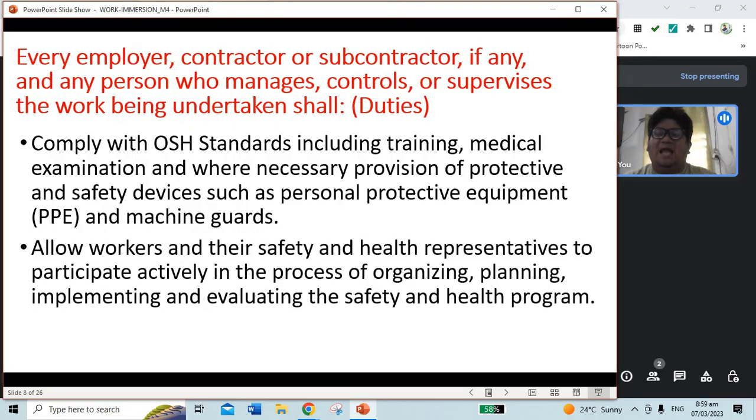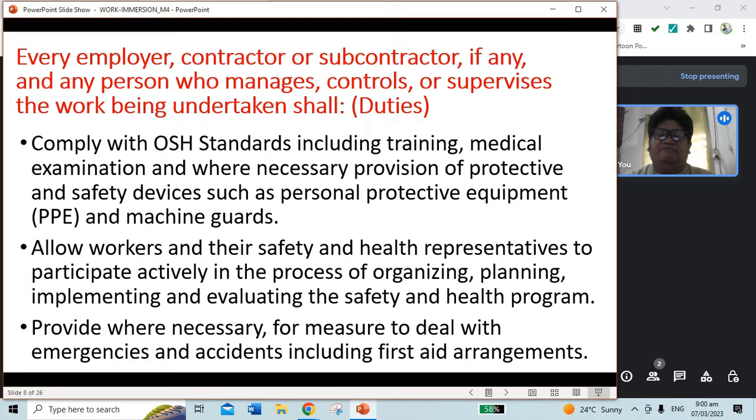Allow workers and their safety and health representatives to participate actively in the process of organizing, planning, implementing, and evaluating the safety and health program. So, lahat ng mga nagtatrabaho sa office, kung saan man nagtatrabaho, kailangan kasali sila sa pagpaplano para sa kaligtasan nilang lahat sa workplace.